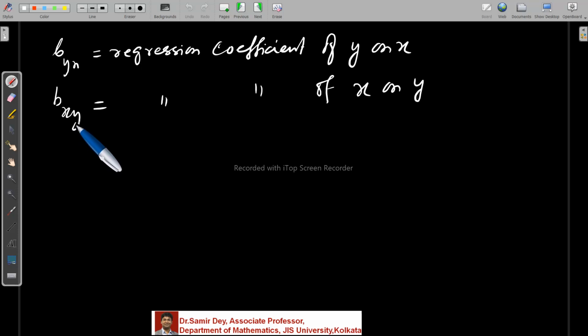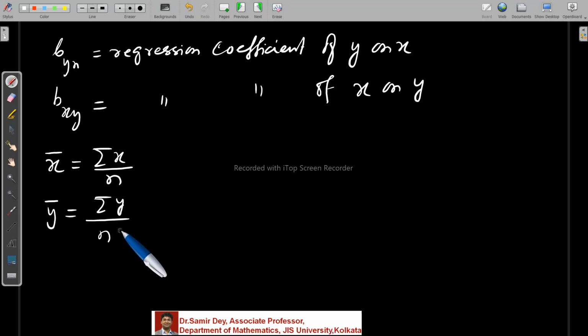Clear? Now, how to calculate x bar? Already you know, x bar is summation x by n. What is n? n is the number of data. What is y bar? y bar is equals to summation y by n. Same way, whatever number of y data you have, add them and divide by the number of y terms, then you will get y bar.